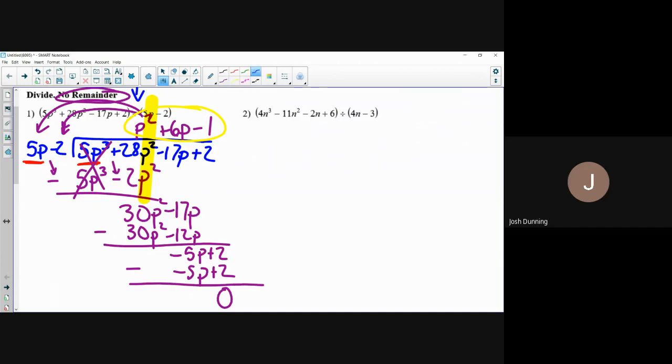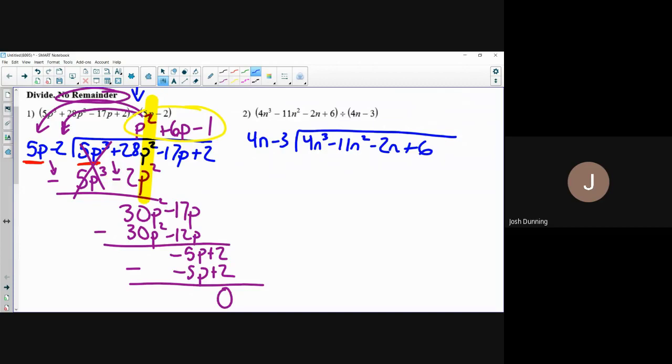All right, well, let's try number 2. Now again, I want to match 4n to 4n cubed. I don't have to multiply 4 by anything, but I do need n squared. Now, just like before, I'm dividing by 2 terms, so my first answer goes in 2 terms.